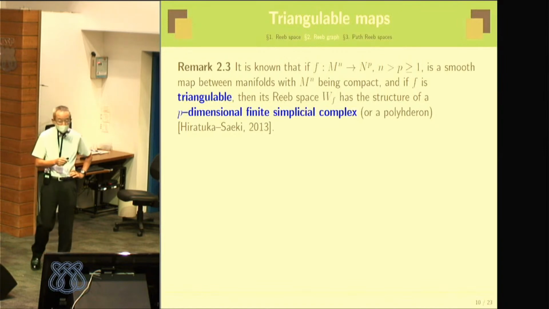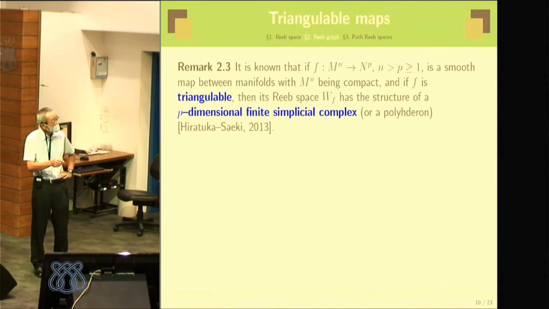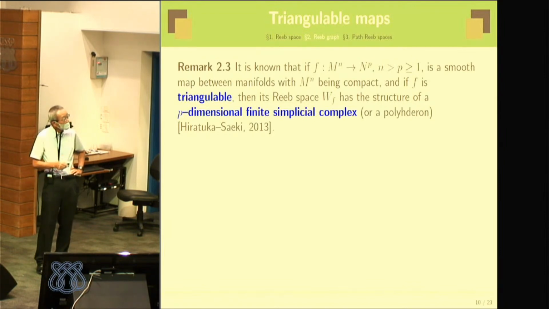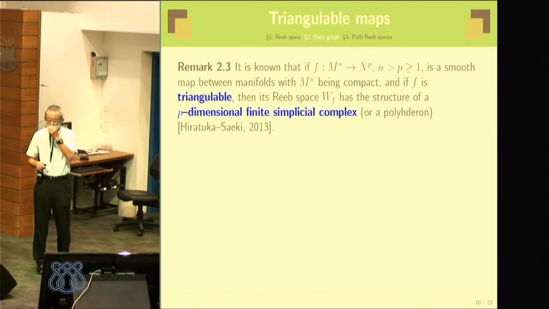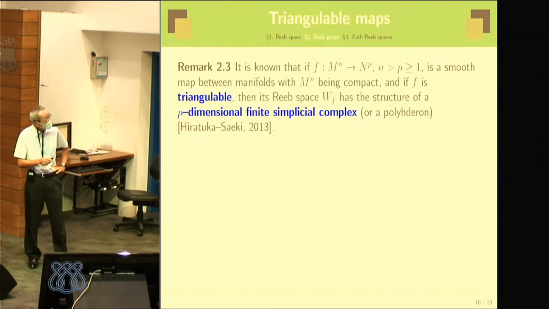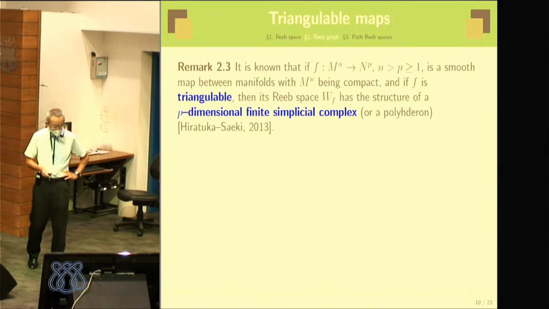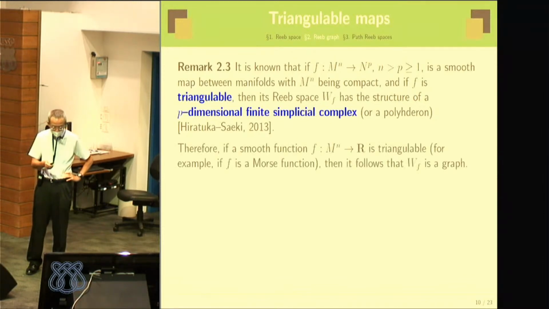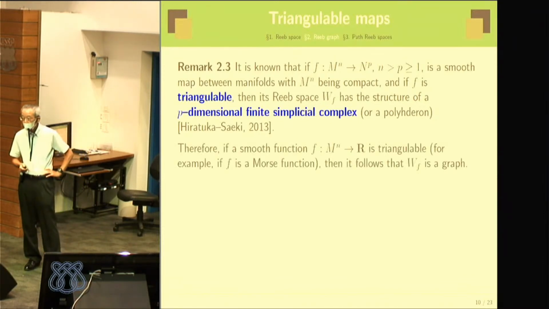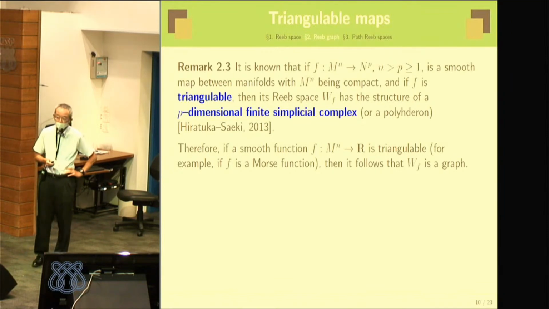So in the function case, if the target dimension is equal to 1, then the Reeb space has the structure of a graph. This has been known. This was joint work with my student, George. If you have a function which is triangulable, for example a Morse function, which is known to be triangulable, then W_F is a graph.